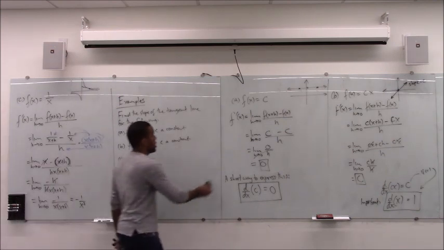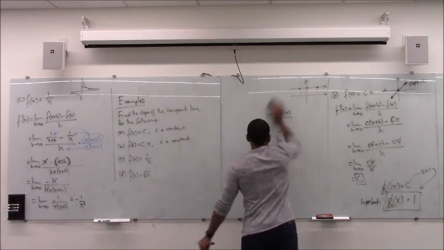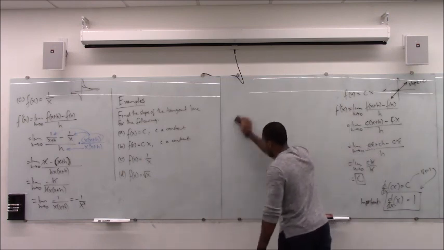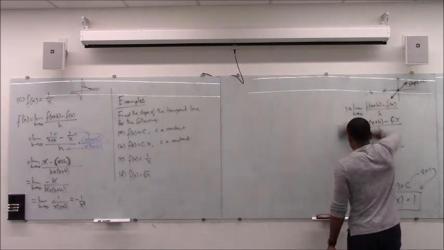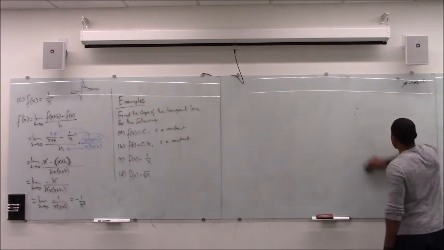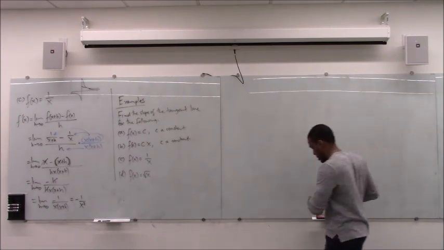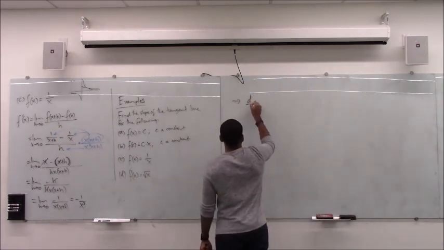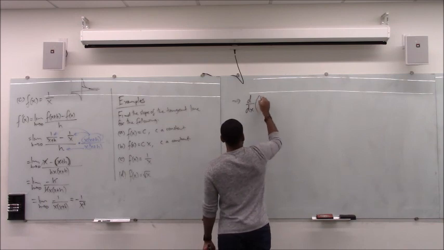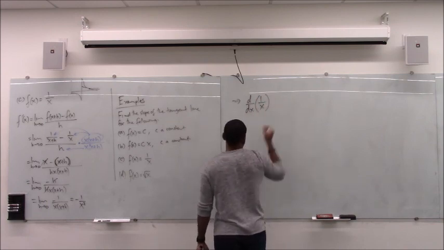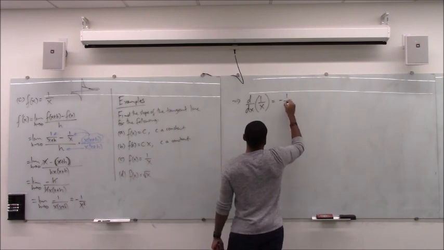So now this is just another thing we know now, the derivative of 1 over x is minus 1 over x squared. So that says derivative of 1 over x is minus 1 over x squared.